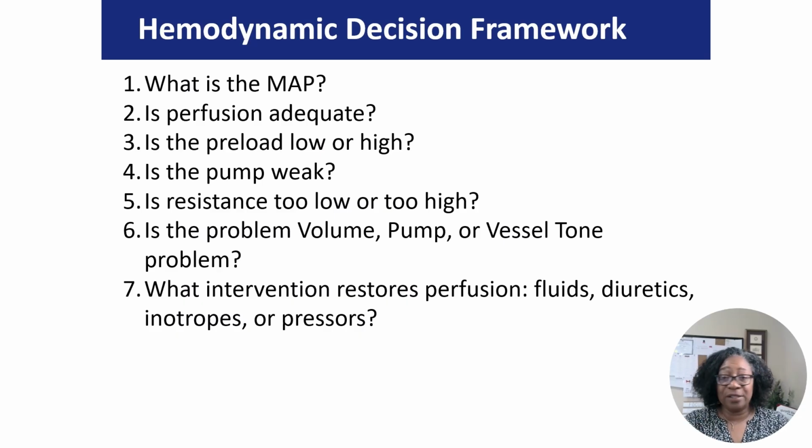Are the patient's vessels constricted or dilated? And then it's what intervention is going to restore perfusion. Is it going to be fluids? Is it going to be diuretics? Is it going to be inotropes? Is it going to be pressors? That's really what the NCLEX wants to know. That's the NCLEX mindset. That's how the NCLEX is.